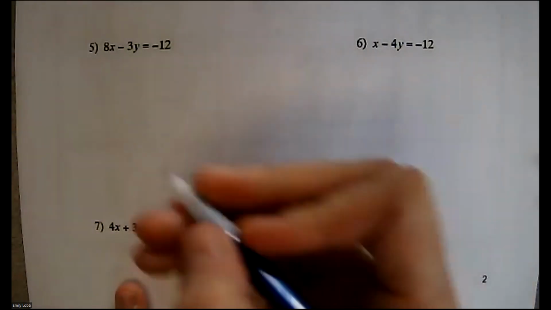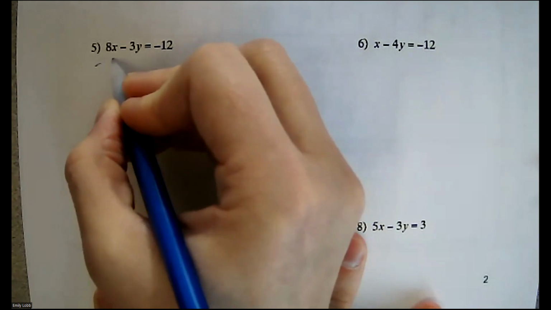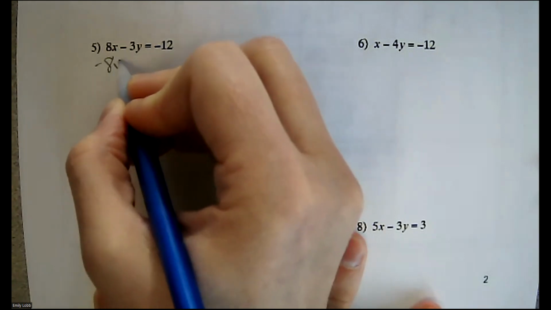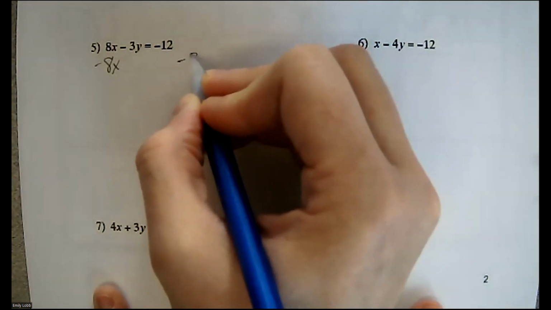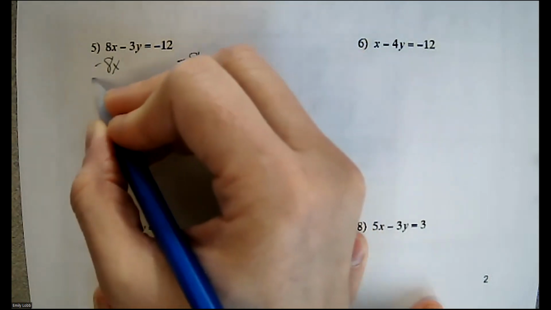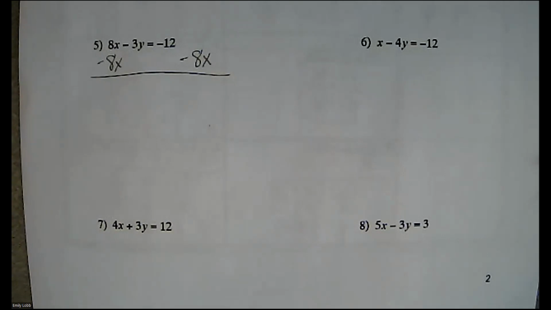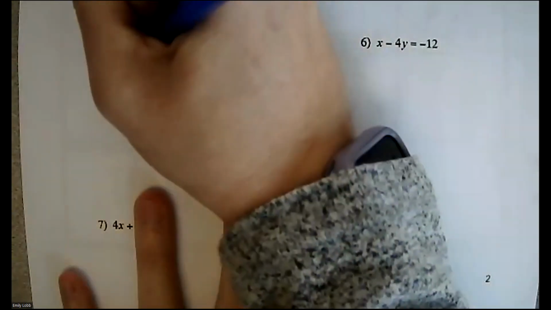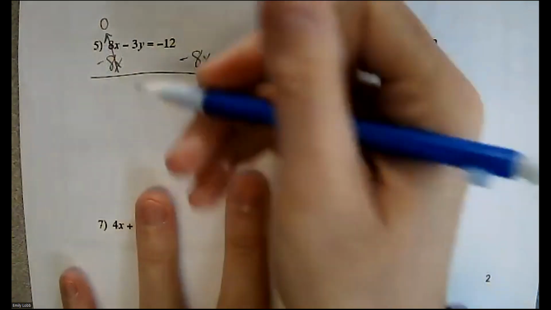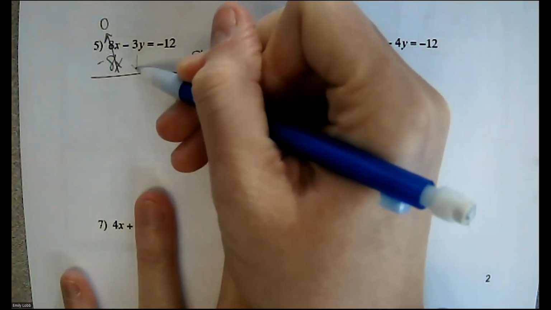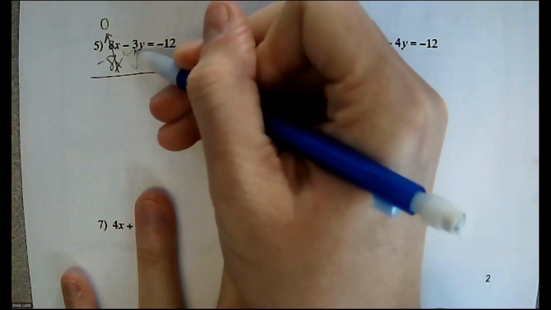All right. So we subtracted 8x. I saw you all doing this. Right? 8x minus 8x, that goes away. So then be sure you bring down this whole thing here, including the sign.